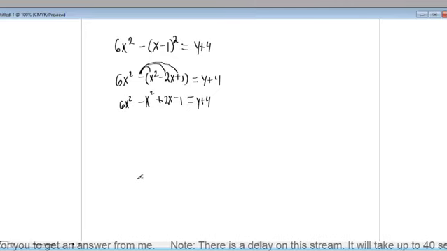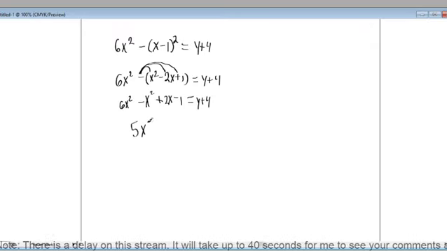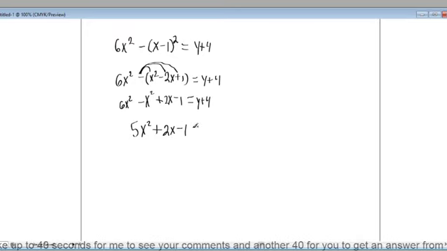Okay. So now combining any like terms, I've got like terms right here, so that comes out to be 5x squared plus 2x minus 1 equals y plus 4.